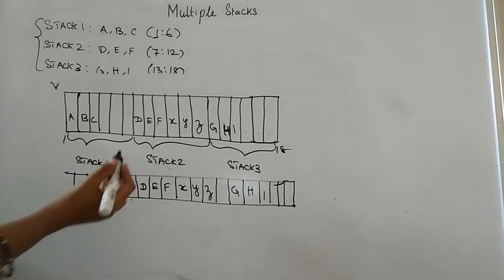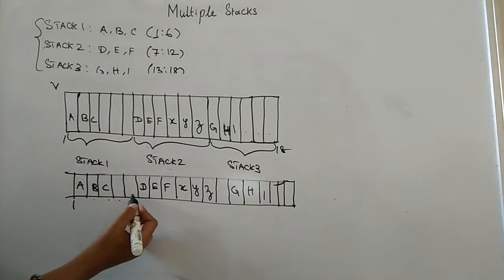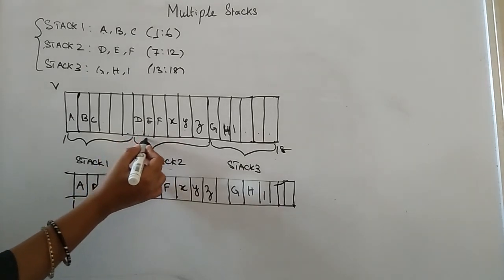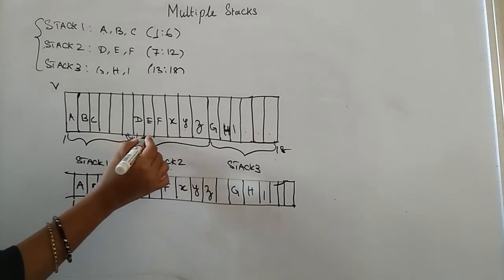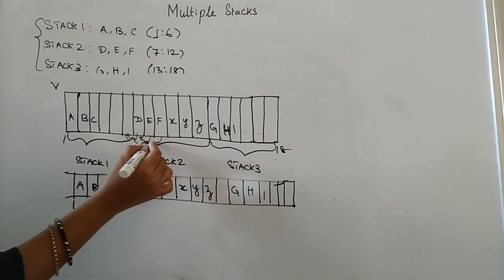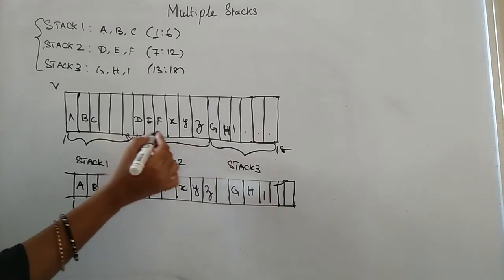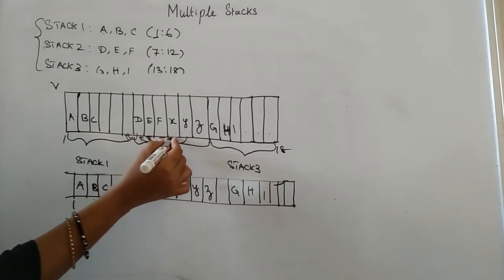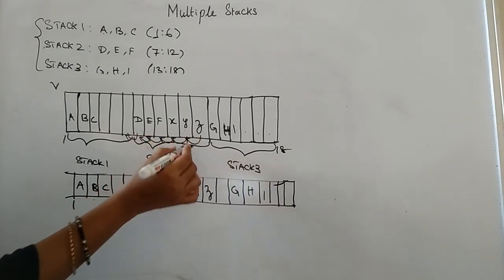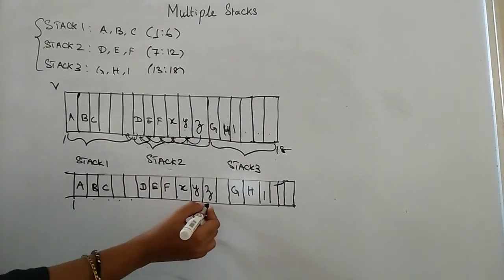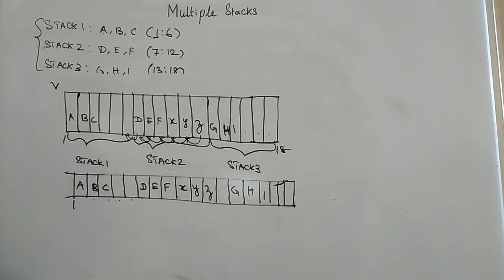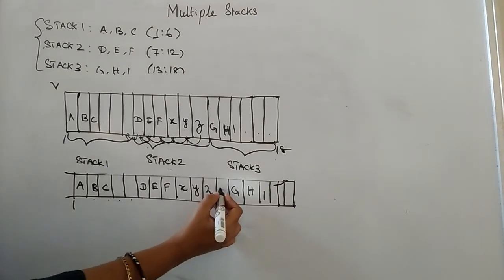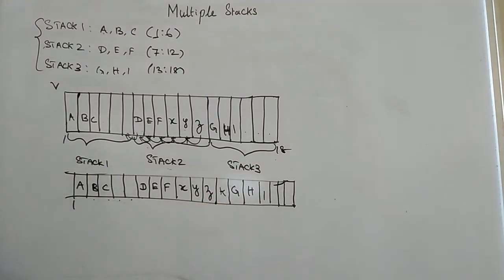So D is moved to the previous cell, and then E, and F to the previous cells, X to this location, and Y, and Z to these locations. That's why we are having the representation like this. Now we got the free space here, so here we can store K.